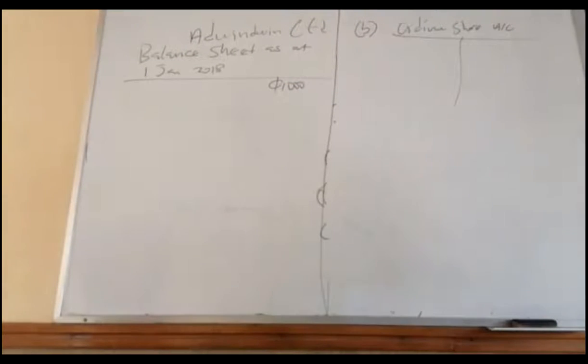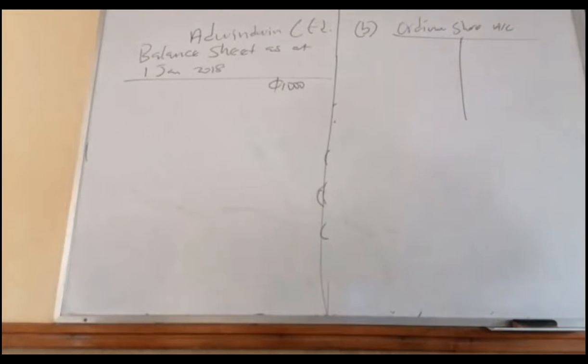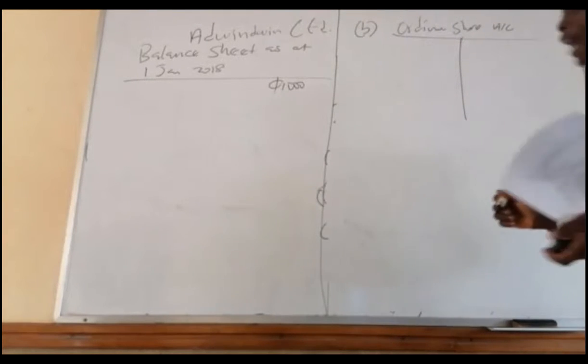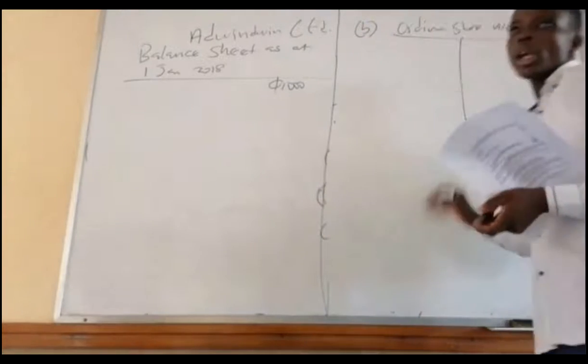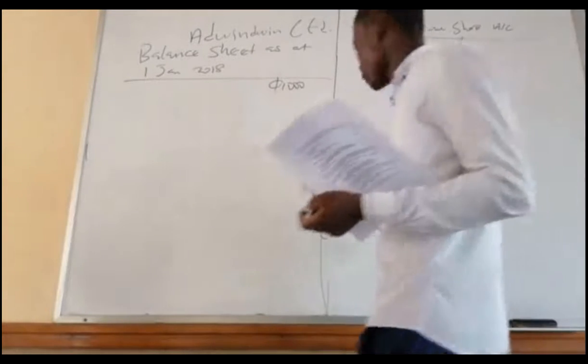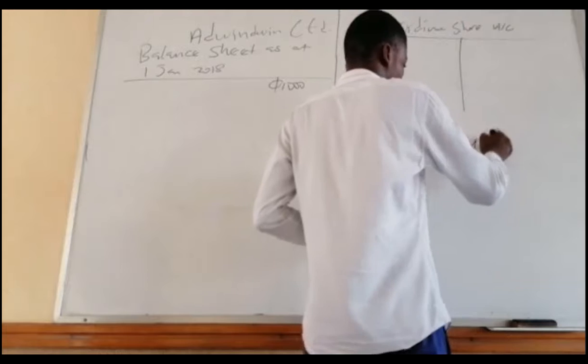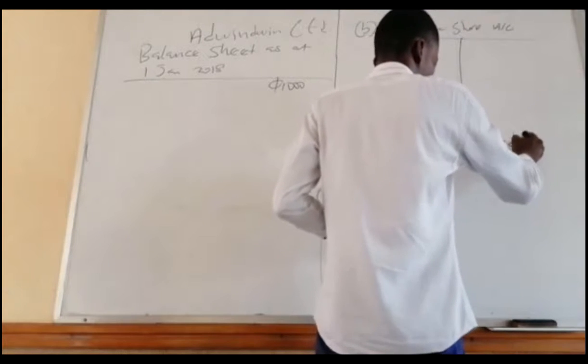So first, I need to open ordinary share capital account nicely like this. Second, I need to open capital reduction account. So let's assume that this is my capital reduction account.